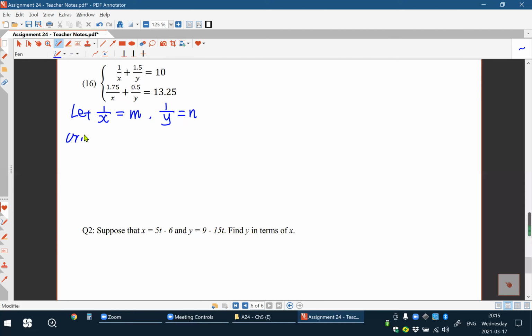So the original system is equivalent to m plus 1.5n equals 10 and 1.75m plus 0.5n equals 13.25.